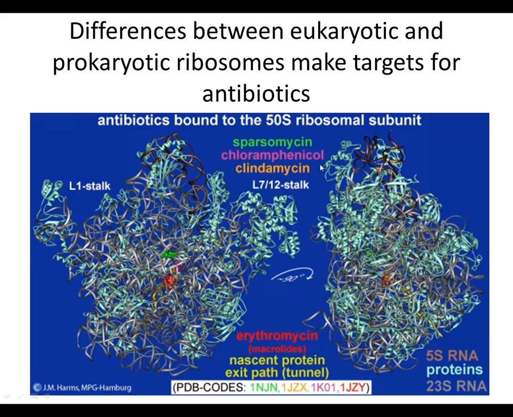Other than that, because they're different, we can target eukaryotic ribosomes with antibiotics, or prokaryotic ribosomes with antibiotics. Differences between eukaryotic and prokaryotic ribosomes make targets for antibiotics, and we've talked about that already, yeah?